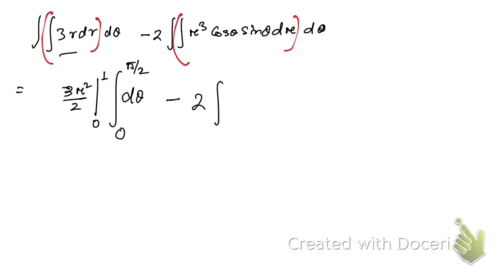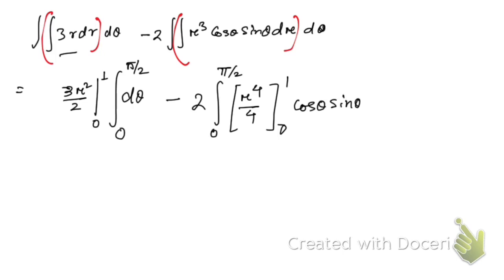Now integration, if you integrate r cube, then you're going to get r to the power 4 by 4, right? That's what we're going to have. And then if we integrate this from 0 to 1, and with respect to theta we have to integrate it from 0 to pi by 2, then we're going to write here cos theta sin theta d theta.